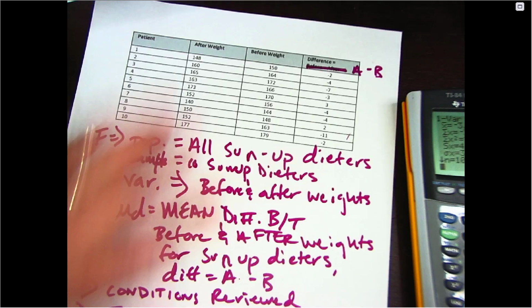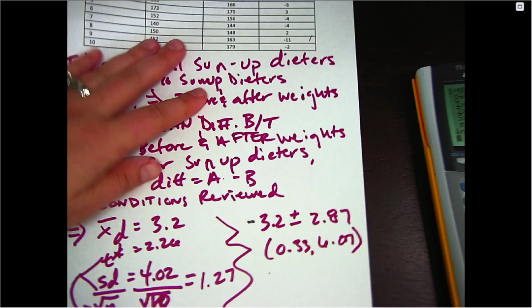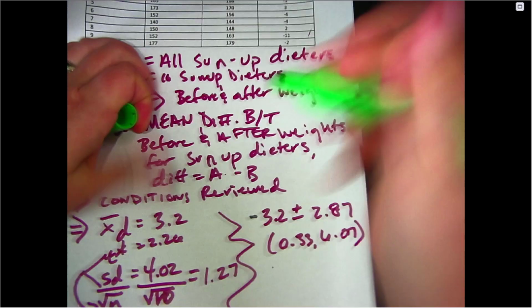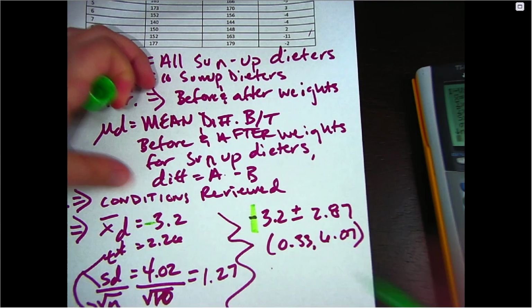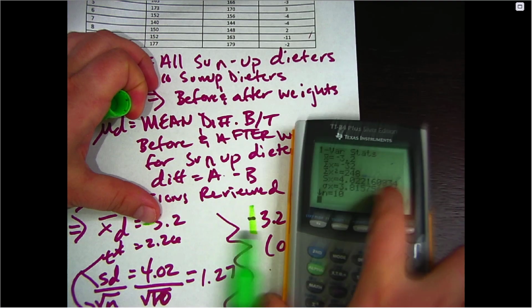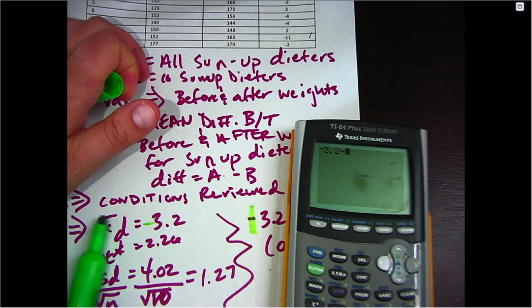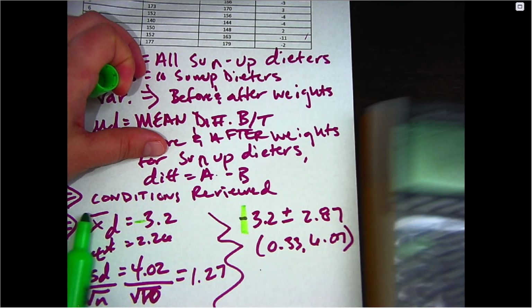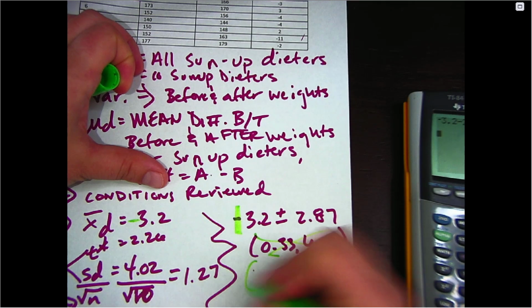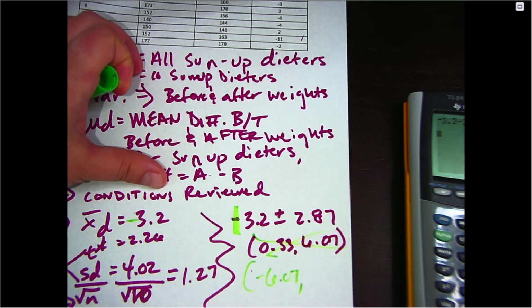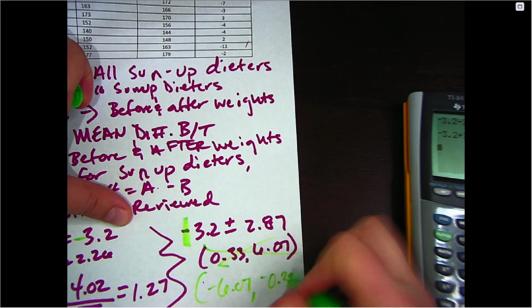It was negative. Silly billies. I like having this kind of stuff happen because I messed up that it was negative and I didn't include the negative. So I have negative 3.2 minus 2.87, and that gives me an interval of negative 6.07, and then I'm going to do plus, so that gives me negative 0.33.